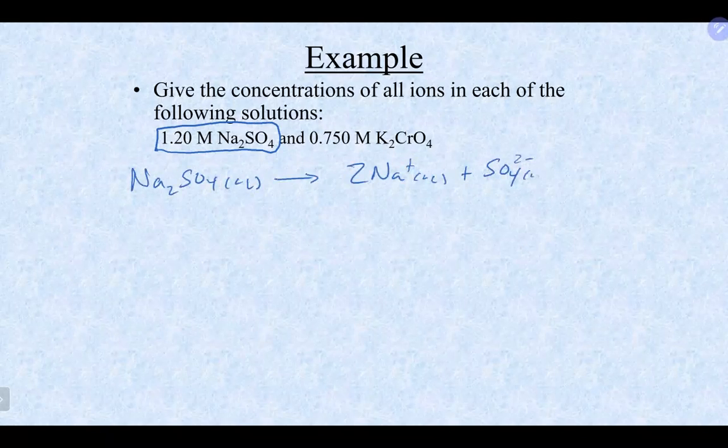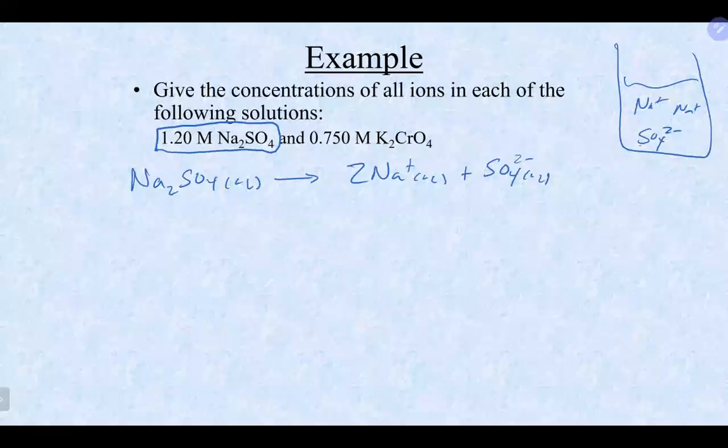So when you have a solution like this, that's really what you have floating around: some sodium ions and some sulfate ions. Remember, the whole unit is not together anymore, right? Because it's a strong electrolyte, it will 100% break apart. So we really could take a stoichiometry approach to concentration, and it works out really well. And it's a faster way of doing the calculation and figuring it out.